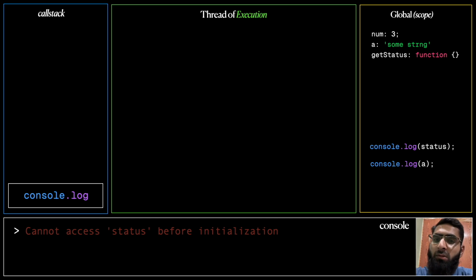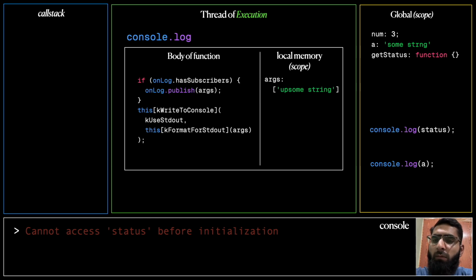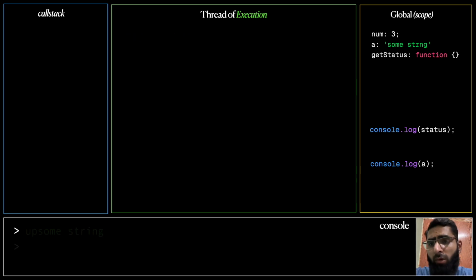The reason I skipped this till now is we were not aware of it till now. And in future, it comes in given that console.log will also go to the call stack and have its place in the thread of execution, and only then it will show something on standard output. After this gets executed and its execution context is destroyed, we see in the console up some string.